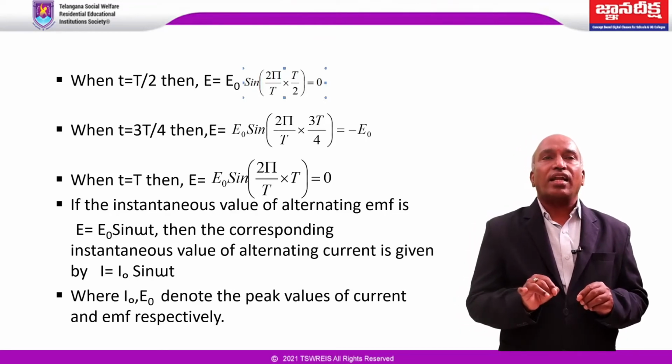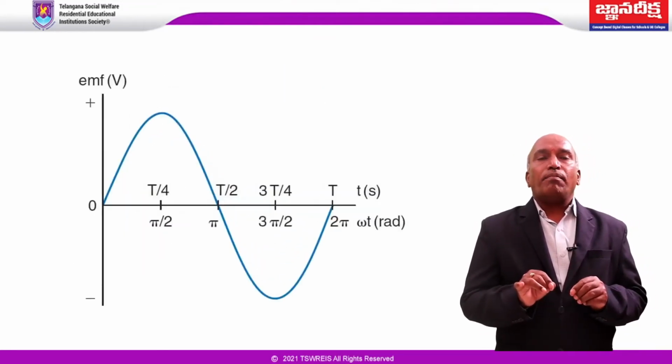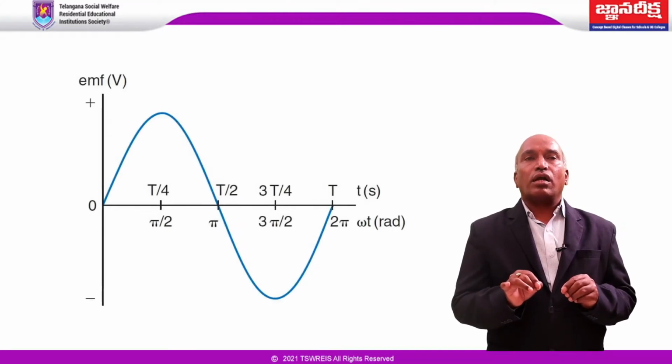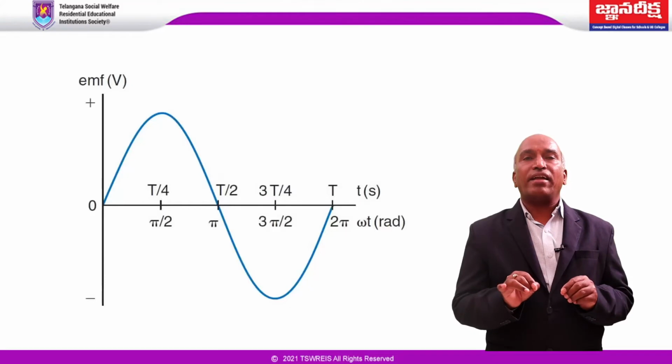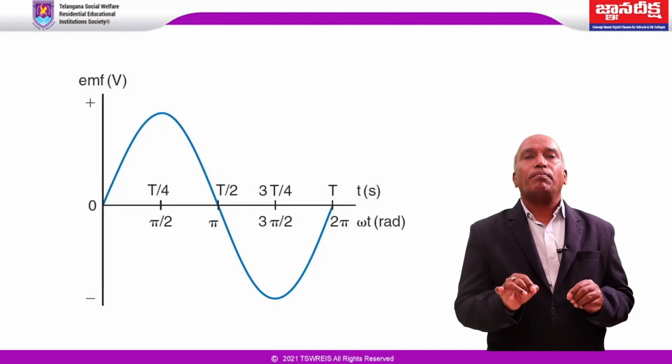In this picture, AC EMF is drawn against the angle made by the coil in the AC generator. When t is equal to 0, EMF equals 0. On completion of one-fourth cycle, that is pi by 2 radians of angle, EMF will become maximum.